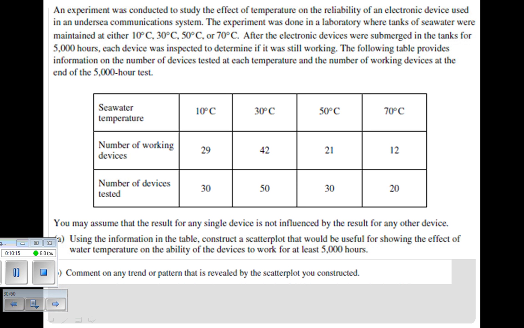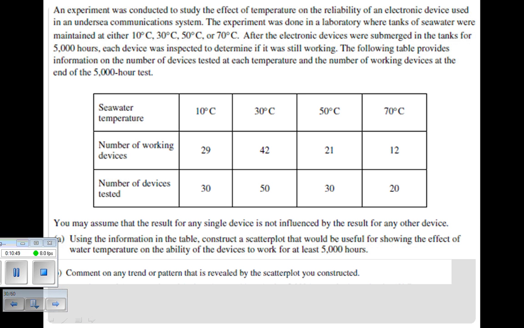All right, here's an old AP question. An experiment was conducted to study the effect of temperature on the reliability of an electronic device used in an undersea communication system. The experiment was done in a laboratory where tanks of seawater were maintained at either 10 degrees Celsius, 30 degrees Celsius, 50 degrees Celsius, or 70 degrees Celsius. After the electronic devices were submerged in the tanks for 5,000 hours, each device was inspected to determine if it was still working.